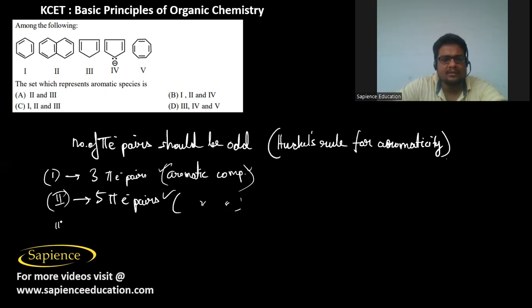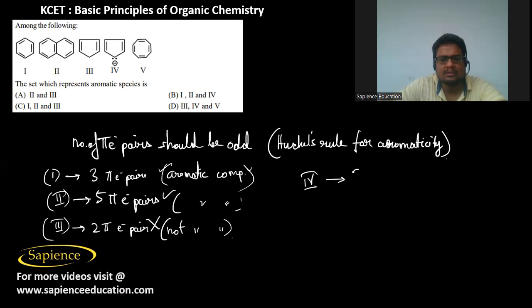In the third one it has 2 pi electron pairs, which is not odd. So it is not an aromatic compound. And the fourth one also has 1, 2, 3 pi electron pairs, since the negative charge which is formed here can undergo resonance with these two pi electron pairs. So it has 3 pi electron pairs.